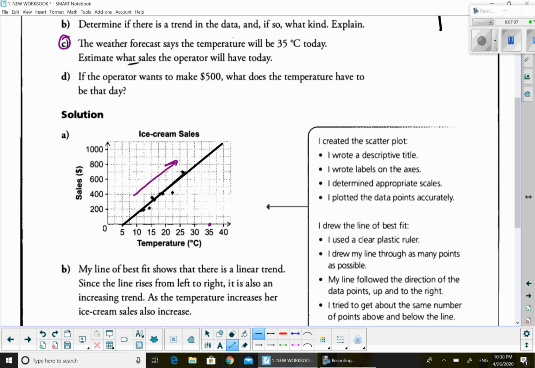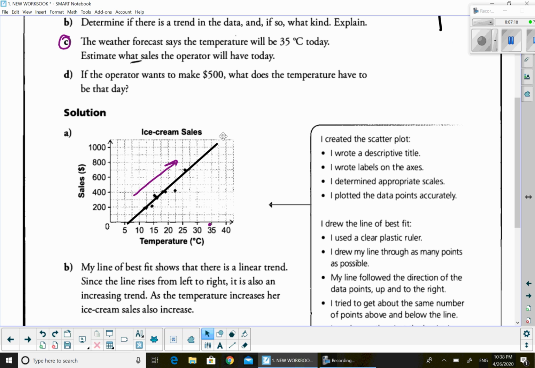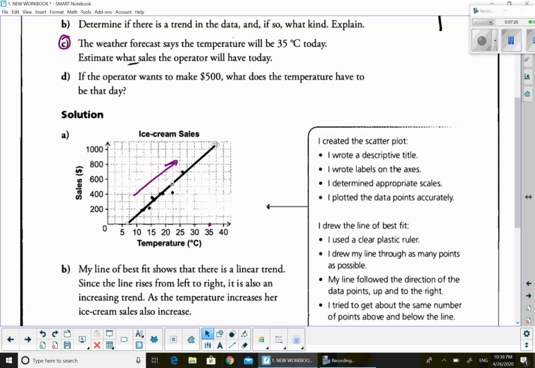I know that they have a solution on the next page, but I'm going to show you how we can do it from scratch. There we go. This looks better. So that's my extended line of best fit. So if I am estimating for 35 degrees, I'm going to take a dotted line.